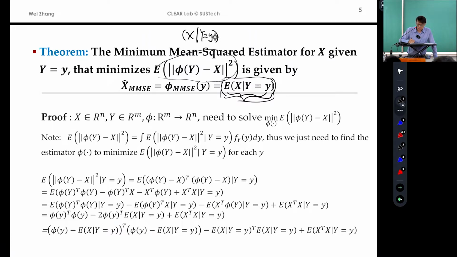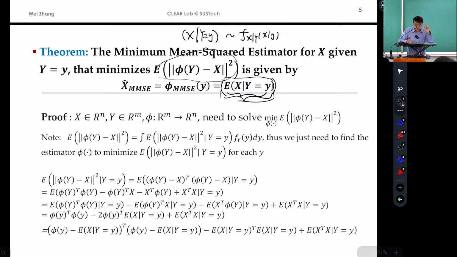This is when capital Y is small y, X is still random. When I know Shenzhen's temperature is 26, Guangzhou's temperature is still random, and its distribution is given by another distribution. I can compute this conditional density or conditional probability mass function.